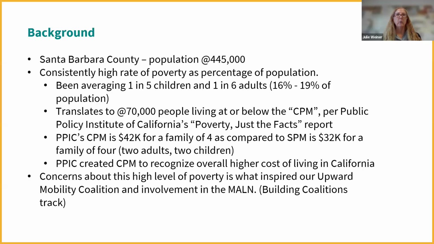And we felt like it was a really great way to reframe what was happening in our county, because so many of the organizations in our coalition were longtime organizations working in poverty, trying to change things, places like United Way and our local community foundation.